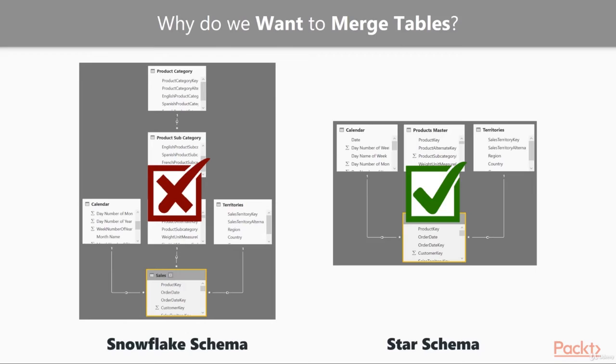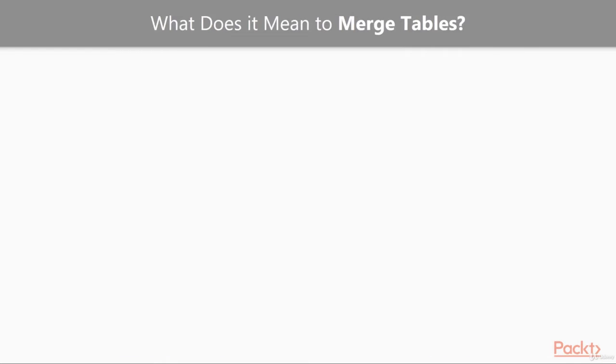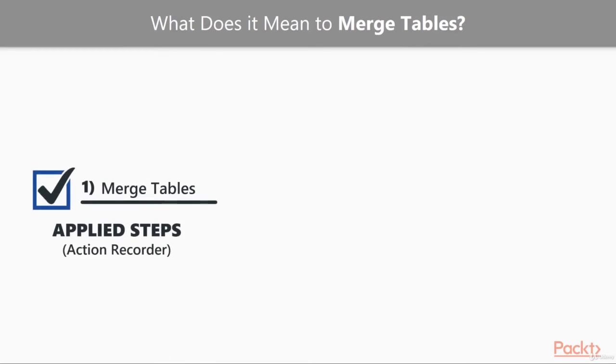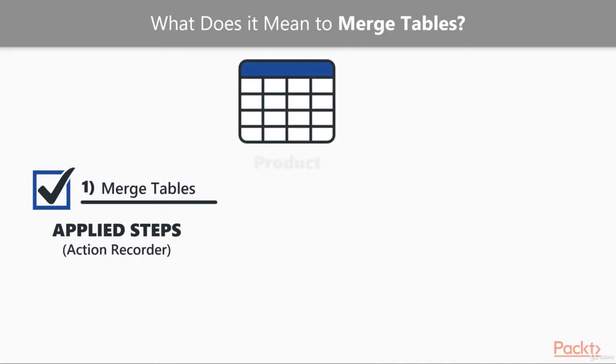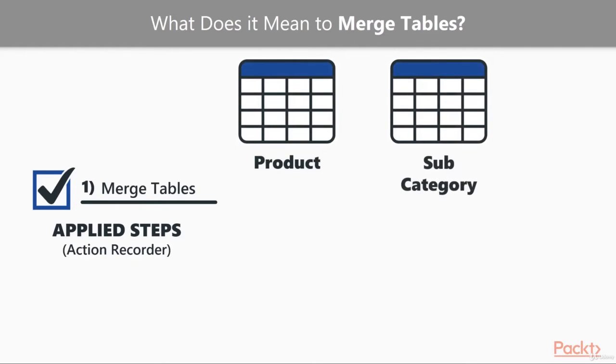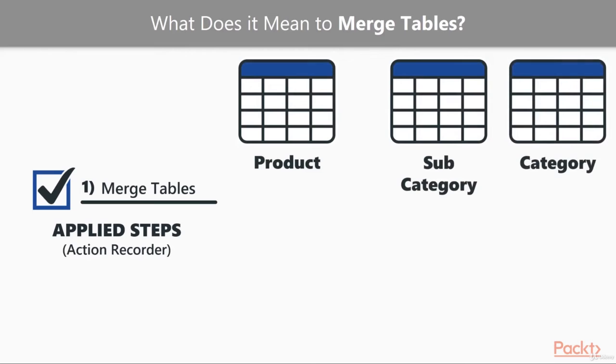So let's quickly run through the applied step we'll be doing in Power Query, then hop into our file. In this video, we'll learn how to merge tables using the Power Query editor. That means we're going to combine our product table, our subcategory table, and our category table together.